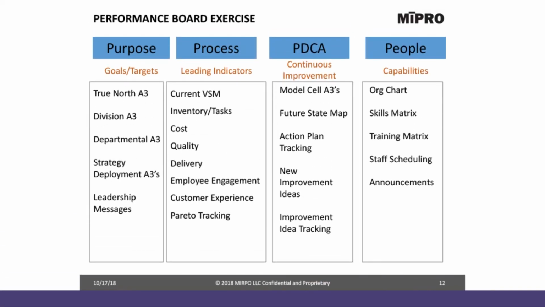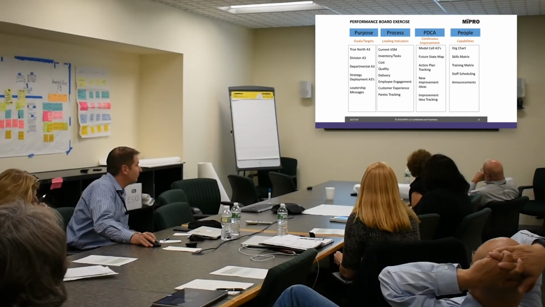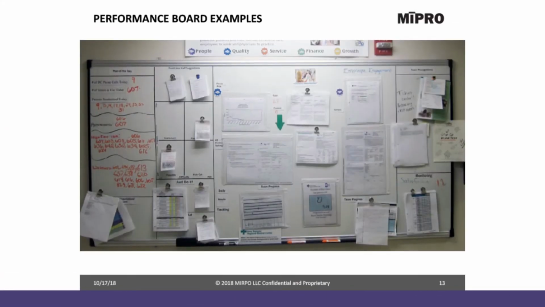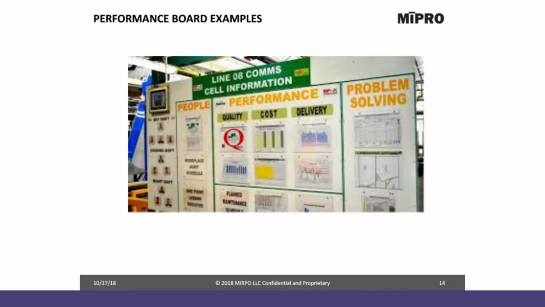Great comment, thank you. So these categories are just examples of some of the things that we might see on those boards, how we're performing, different little metrics or things. You had examples you were already looking at. In here you'll see a big variety bag of performance boards from all different industries. Nice little visuals here.